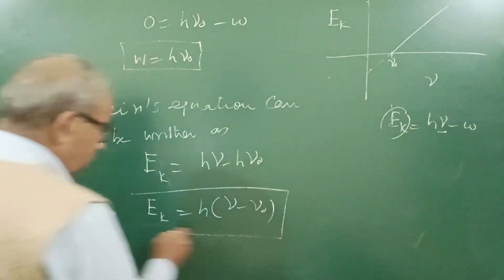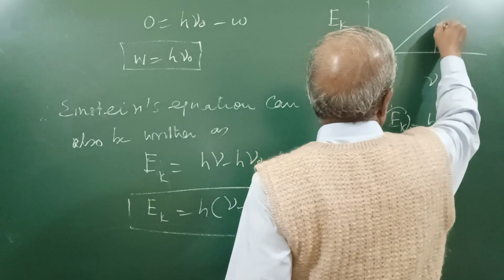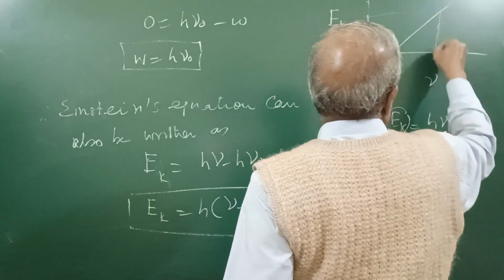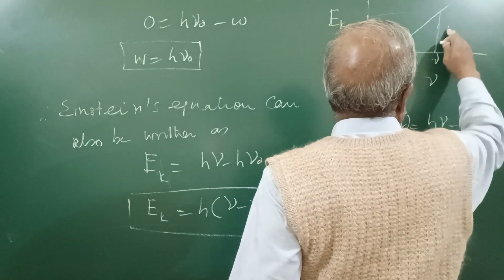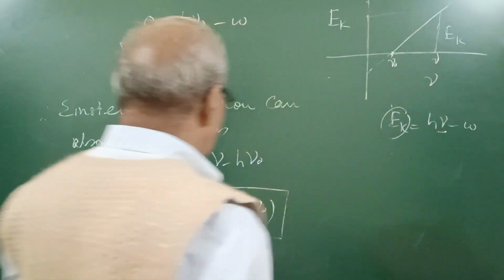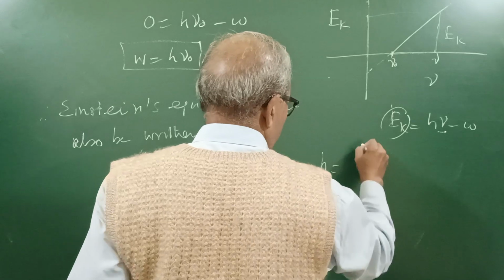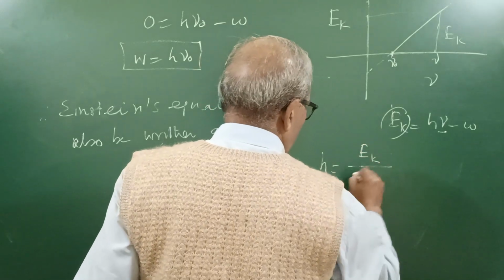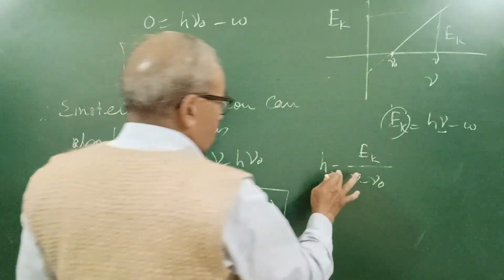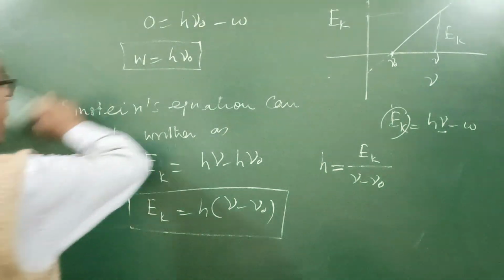From this equation, if I take this as nu 0 and this as nu, and this represents Ek, so Ek upon nu minus nu 0 equals h, where h is the Planck constant.